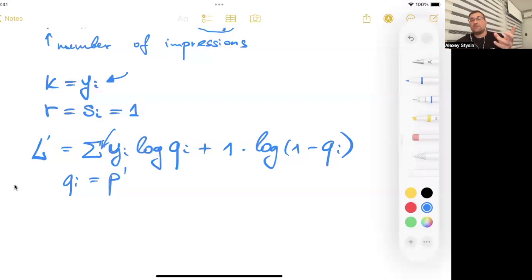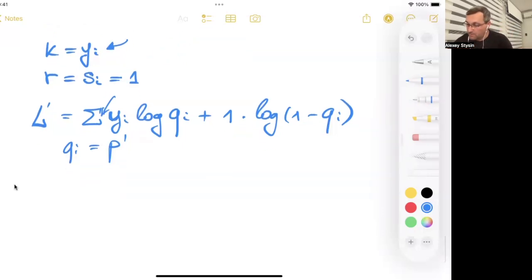We can also use this to model click-through rates or conversion rates or watch times by assigning weights to impressions. So this way we could replace this one with si.